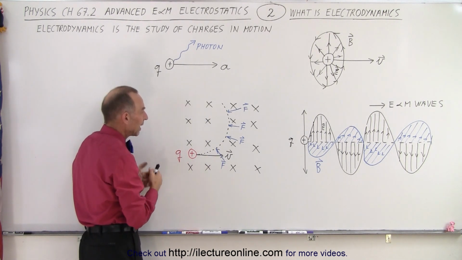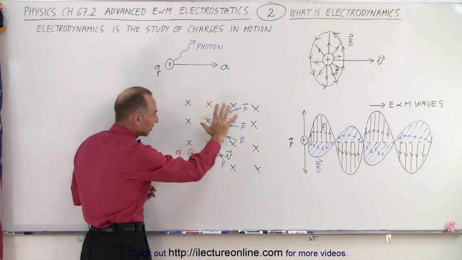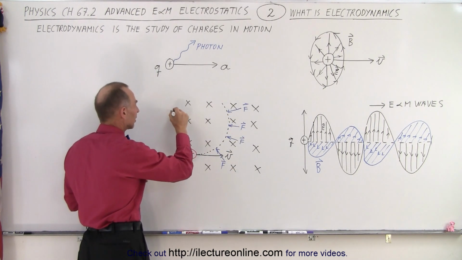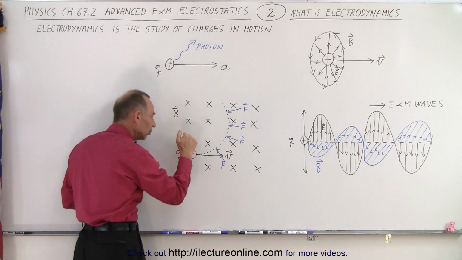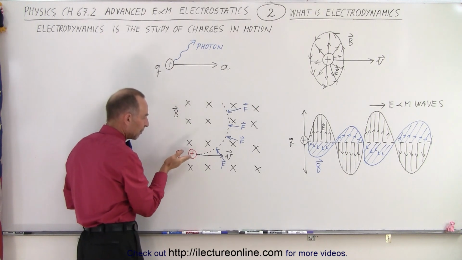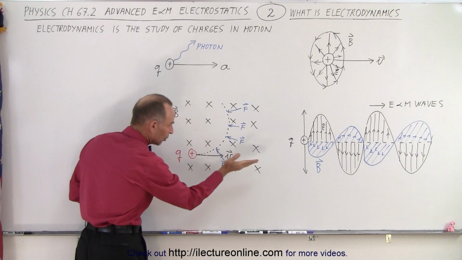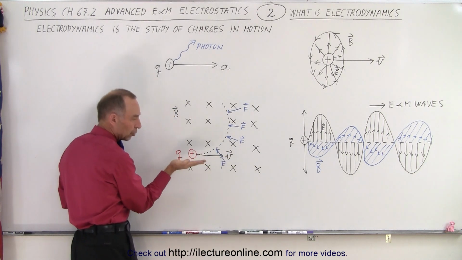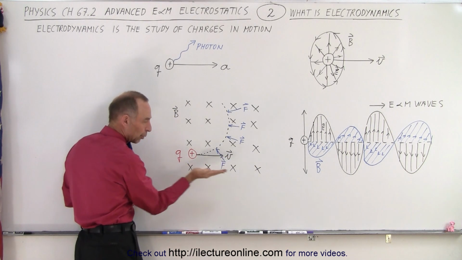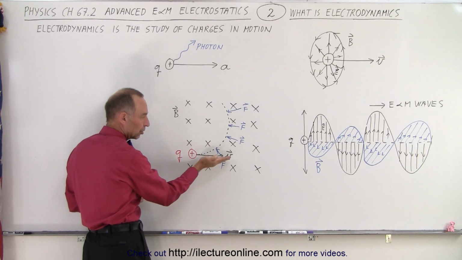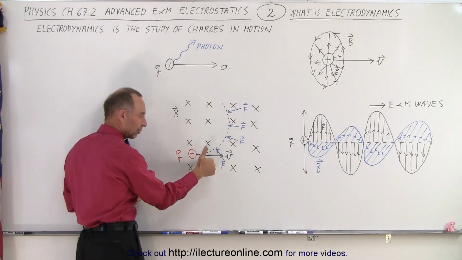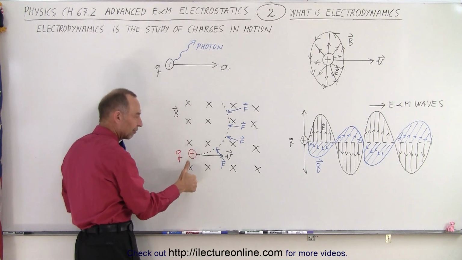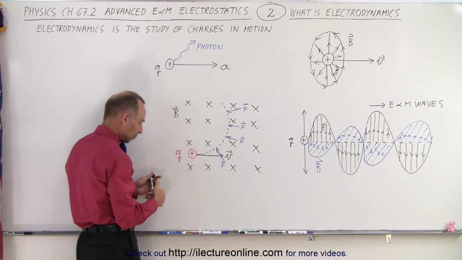And here we have a situation where we have an existing magnetic field. Let's label the magnetic field, and the magnetic field is pointed into the board. Now here we have a positive charge moving into the magnetic field in this direction. Using our right hand rule, we point our fingers in the direction of the motion of the charge, then curl our fingers in the direction of the magnetic field, and notice that there's a force perpendicular to that motion.